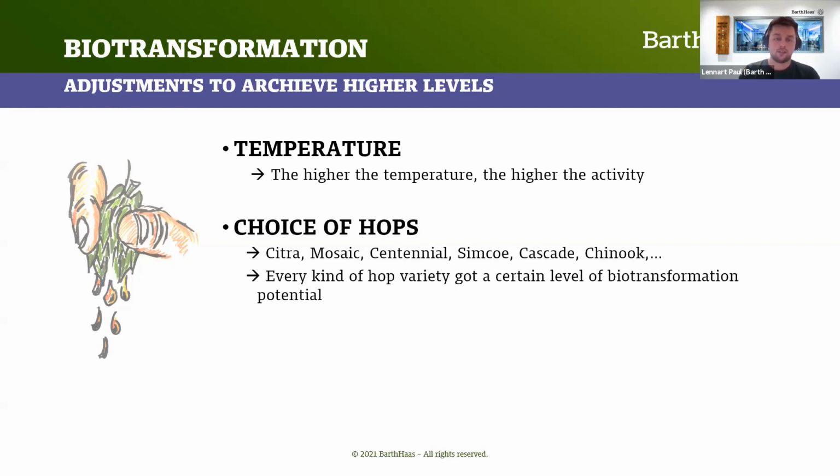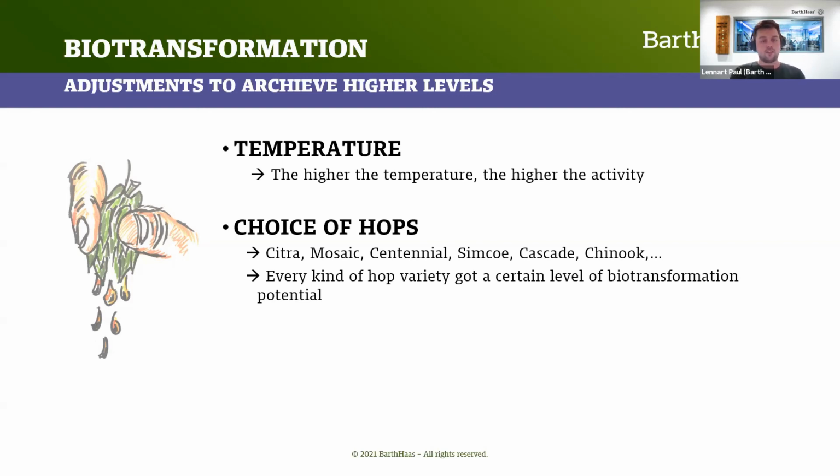And last but not least, of course, the choice of hops. I would recommend, of course, using some flavor bombs like Citra, Mosaic, Centennial, Simcoe, Cascade, and Chinook, and especially Centennial and Chinook look very promising.